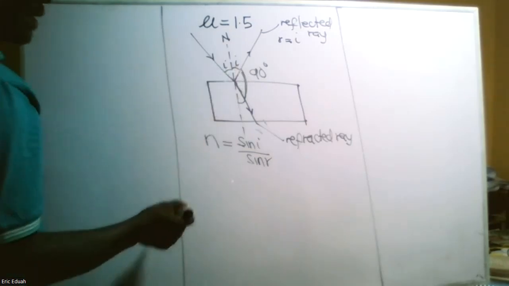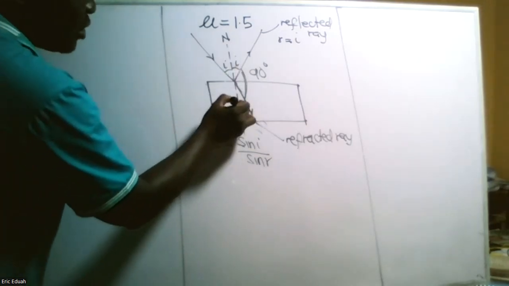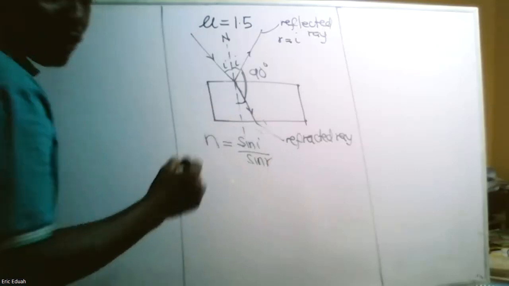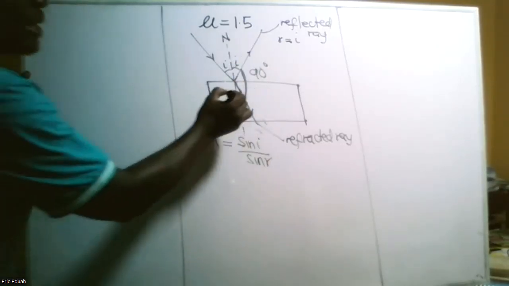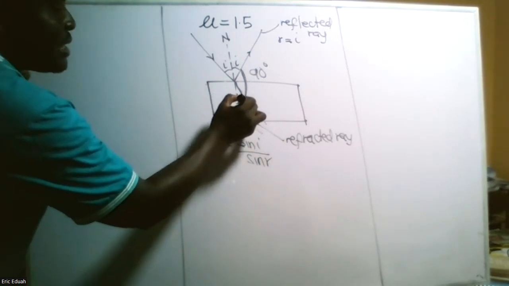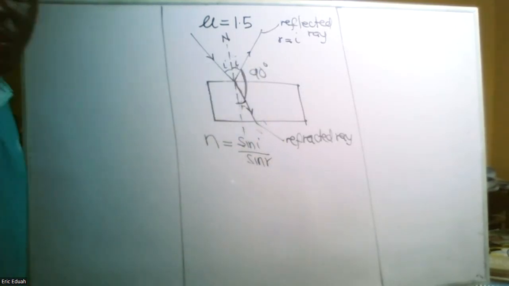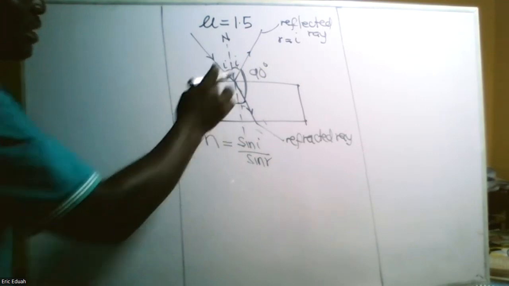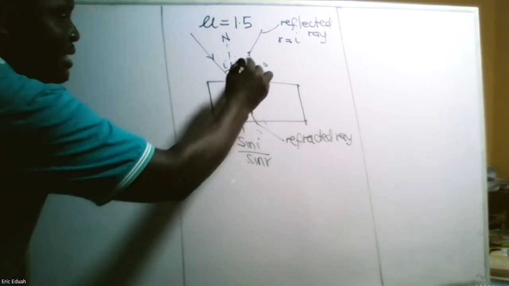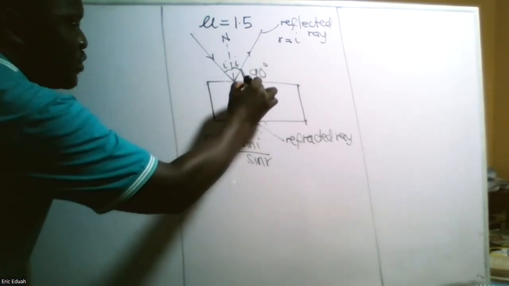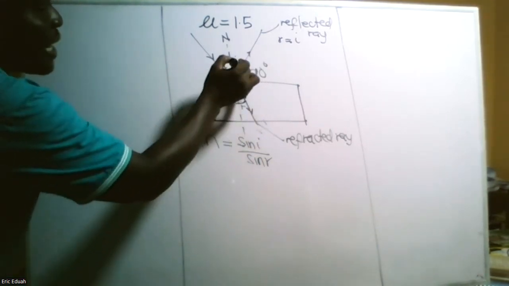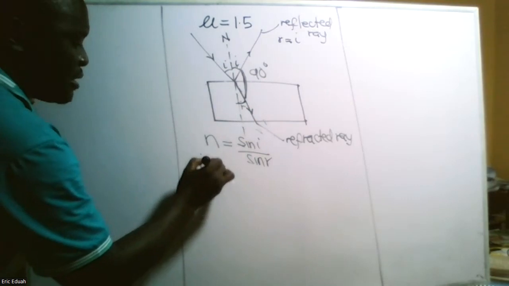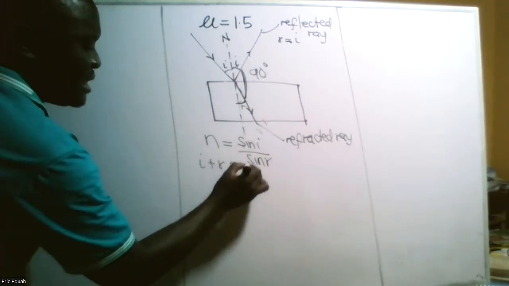Now, when we look at this angle, once this is 90, it means that this plus this must also sum up to 90. Okay, so once the angle between the rays is 90, then this R plus I must also sum up to be 90 degrees.